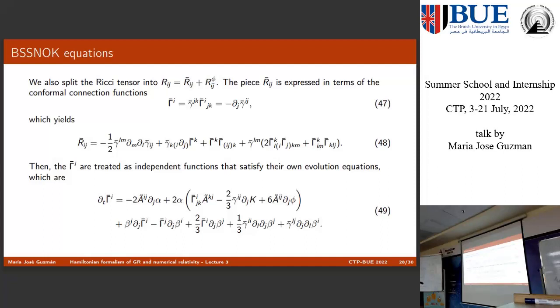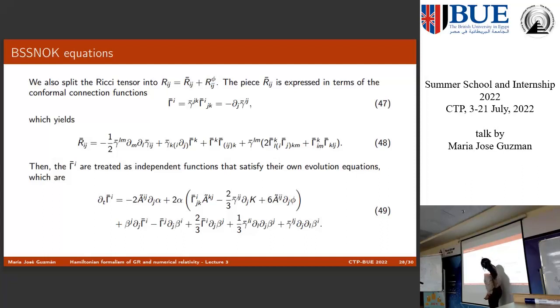I also need to do some conformal splitting of the Ricci tensor. So this is a part that will be conformally transformed, and this is a part that only gets these extra connection functions, which are just spatial derivatives of the gammas.